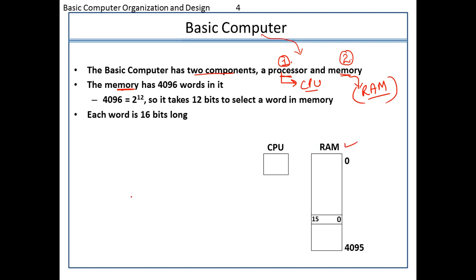We are saying that we have a memory in the basic computer which is 4096. What does this 4096 mean? It means that the memory has the capability to accommodate 4096 data items in its place.